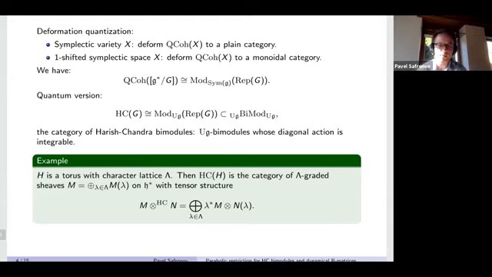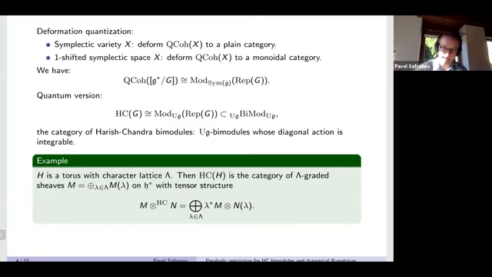So here's a formula. Basically, you have two modules, M and N. You decompose them into the weight spaces, M of lambda and N of lambda. And then the tensor product basically shifts the first module by lambda, where lambda is the weight of the second module.